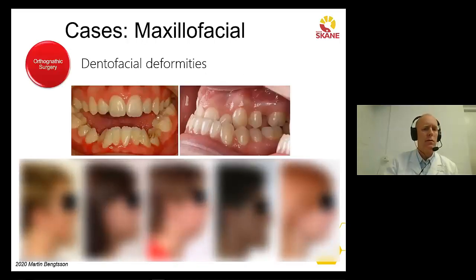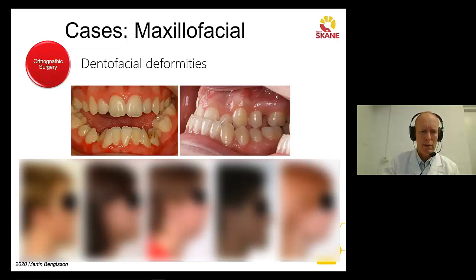Firstly, dentofacial deformities are a condition that needs the treatment of orthognathic surgery. Orthognathic surgery is a treatment that covers both dentition, bite, and the facial appearance. The patients have a treatment need because they have severe problems with biting or chewing, as you can see in the upper row here.